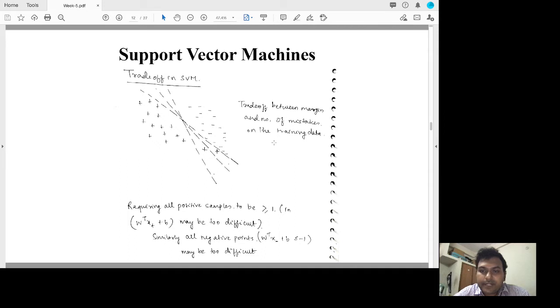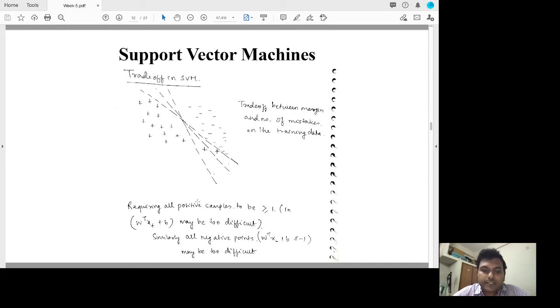You see that the one making 2 mistakes has the highest margin, because the positive and negative classes are separated by a maximum distance, but for the others the margin goes on reducing, and the classification error also goes on reducing, which means there is a trade-off between the margin and the number of mistakes on the training data.